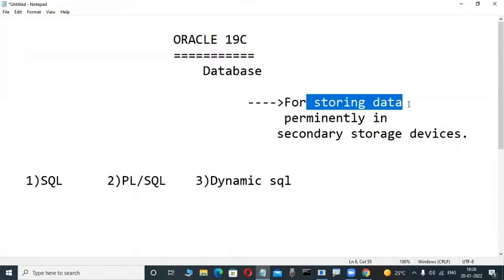They think this, but it is absolutely wrong. It is not only storing data; many things are there. Databases are not only about storing data, but efficient retrieval of data is also important. Suppose, for example, observe the screen.